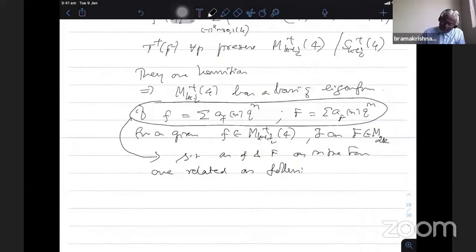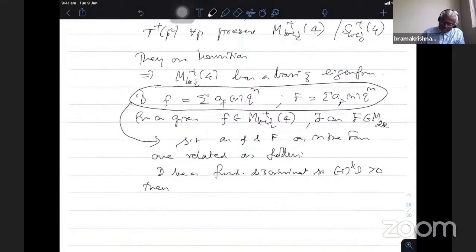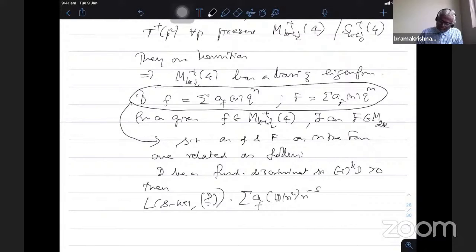So take D, a fundamental discriminant. A fundamental discriminant means a discriminant of a quadratic field such that (-1)^k D is positive. Then you take the L-function special value L(s-k+1, (D/·)), where (D/·) is a character modulo D when D is a fundamental discriminant, times the summation of a_f(|D| n^2) n^{-s}, n equal to 1 to infinity, which is nothing but a_f(|D|) times the summation of a_F(n) n^{-s}.